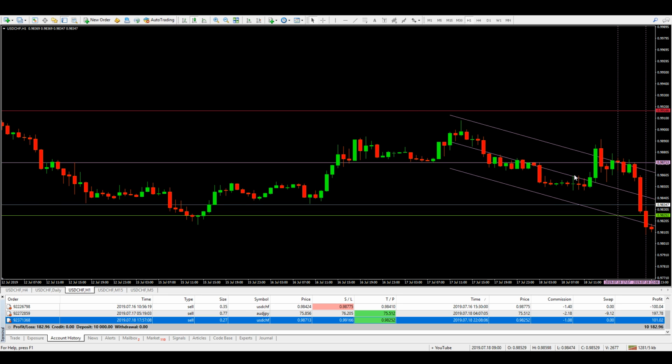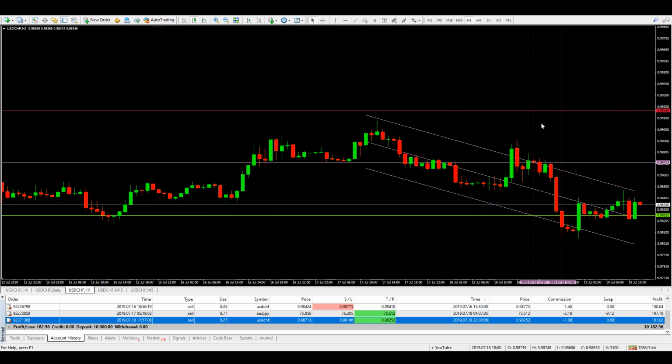This standard deviation channel that I use can be quite useful, because it shows you where the price has potential reversal points. Even more recently, you can see it's just going within these overbought and oversold areas, bouncing between them and reversing off of them.